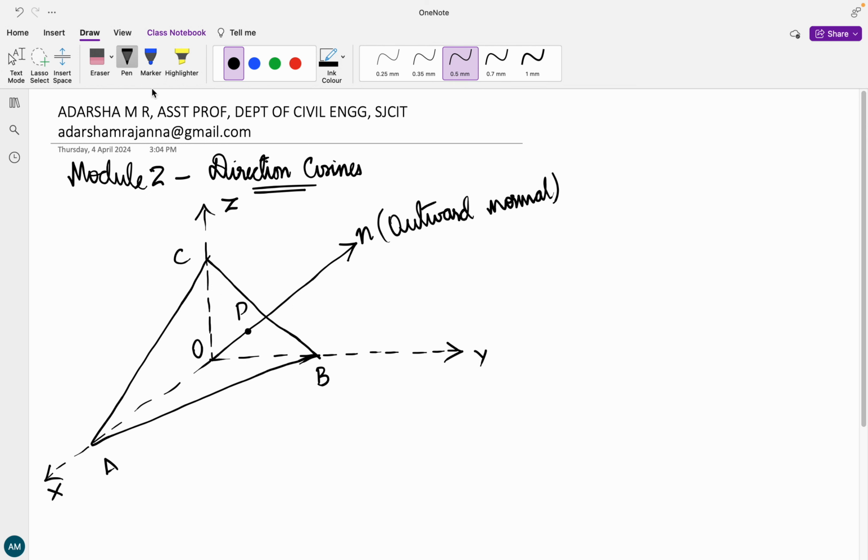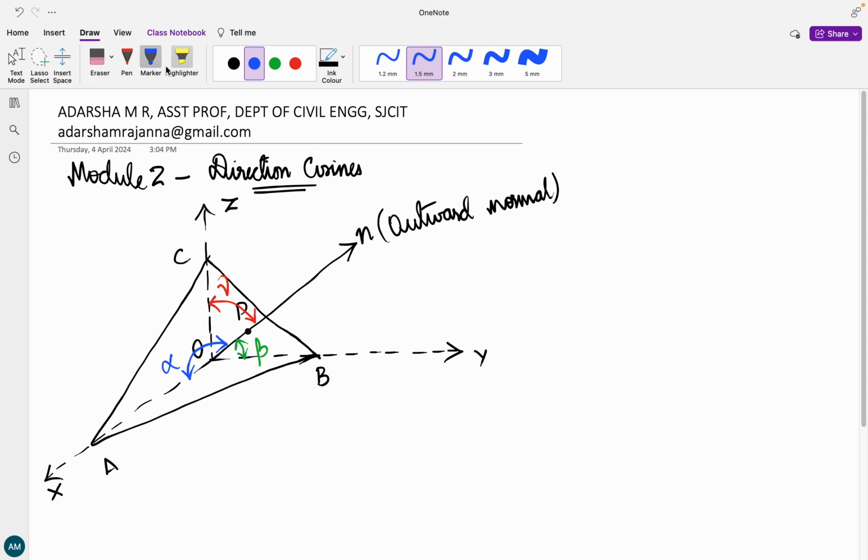Alright, so first let me just draw the angles. Say the angle is going to be alpha with respect to x axis, and then I'll consider angle beta with respect to y-axis and angle gamma with respect to z-axis. So we have alpha with respect to x-axis, beta with respect to y-axis and gamma with respect to z-axis.